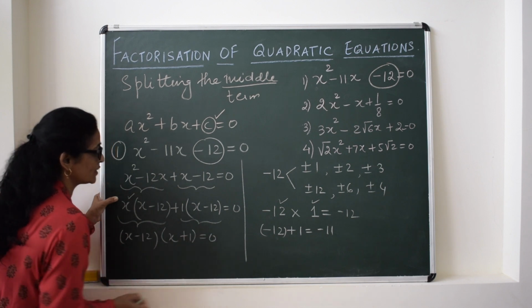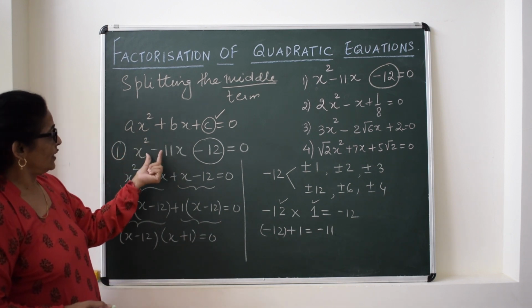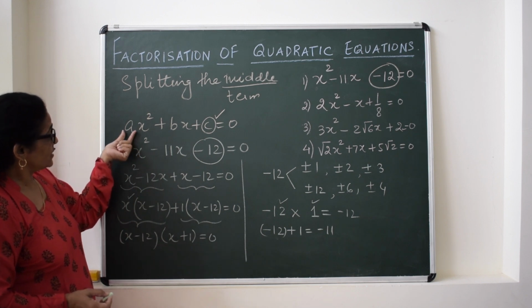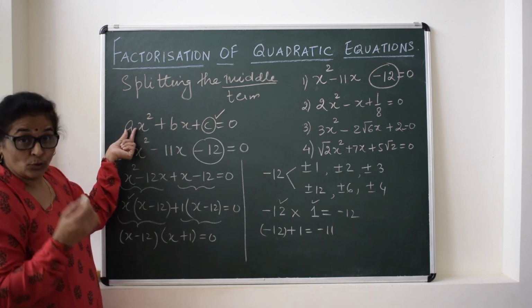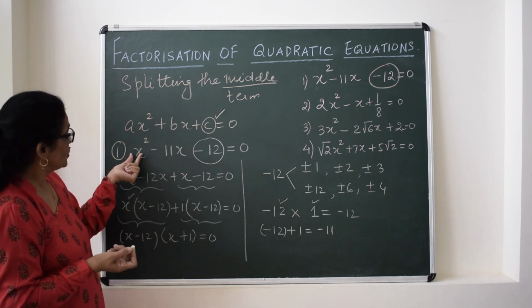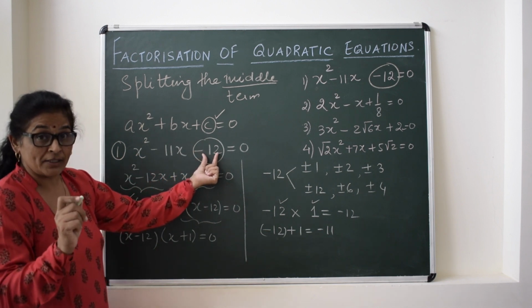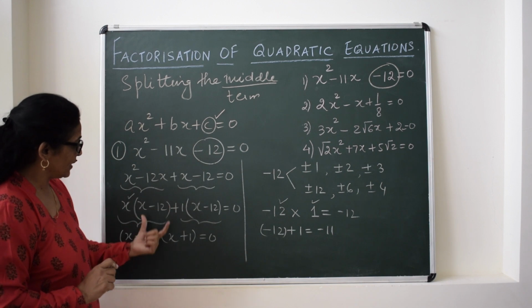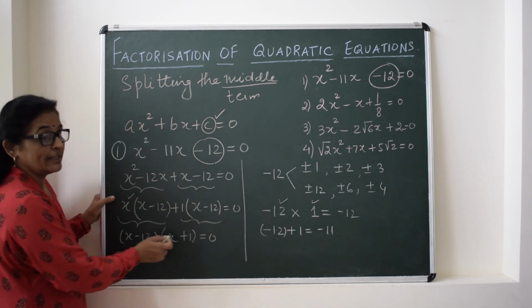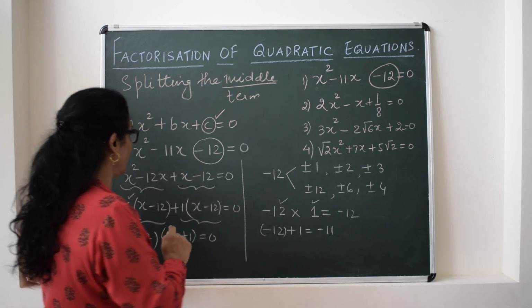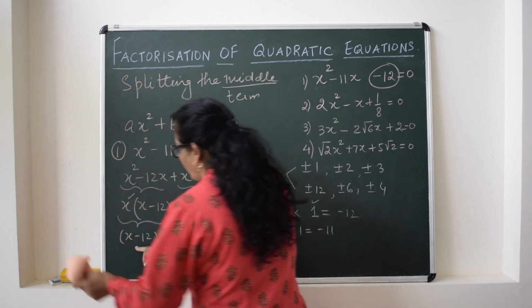So what have we observed? When the given equation has the value a as 1, means the coefficient of x square is 1, we will directly break this minus 12 into two factors and ultimately we reach two linear factors. We have to find out the value of x.